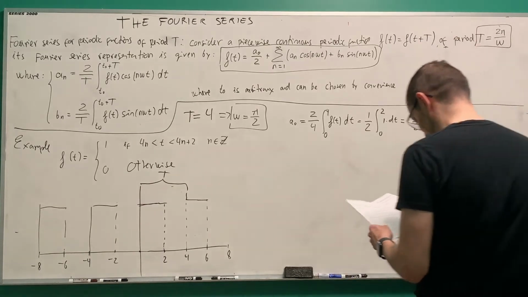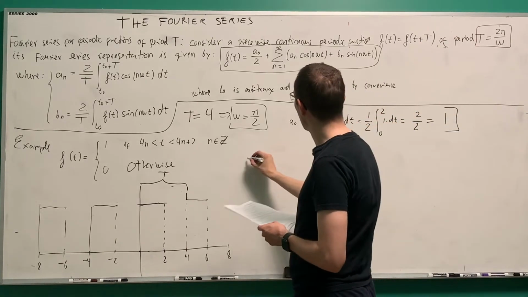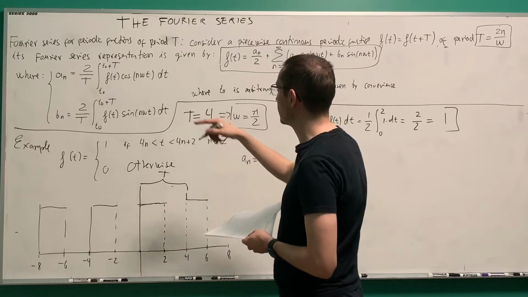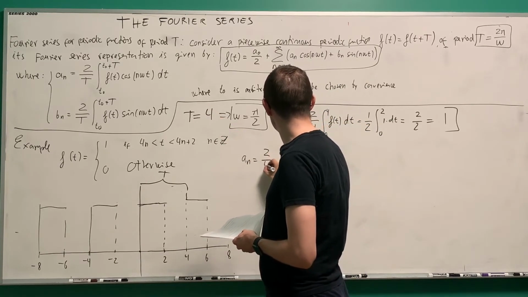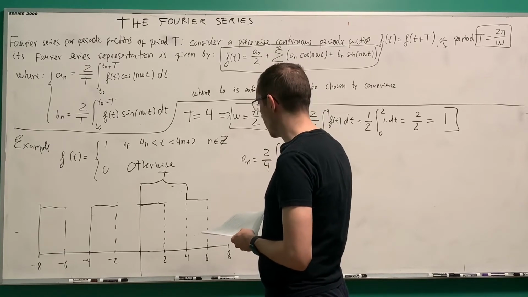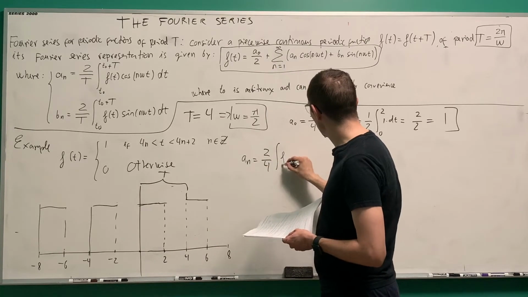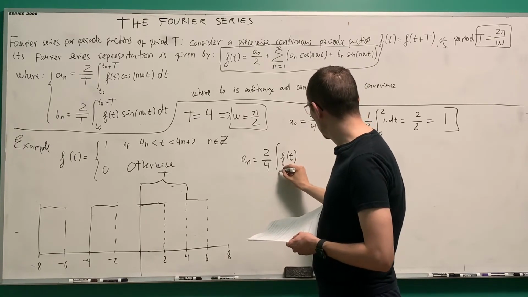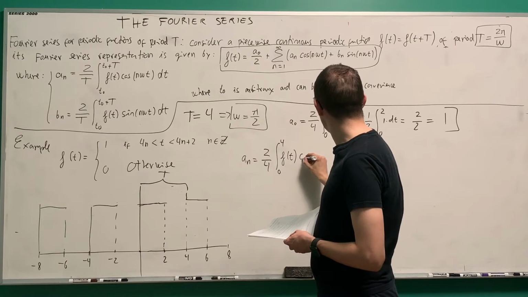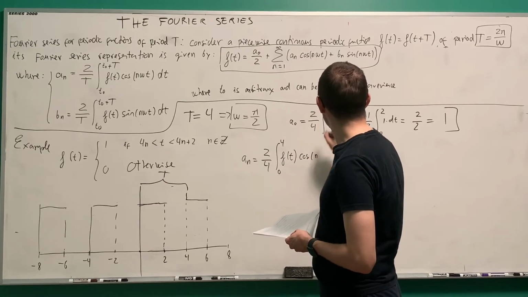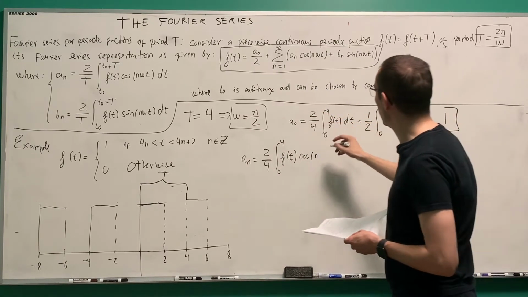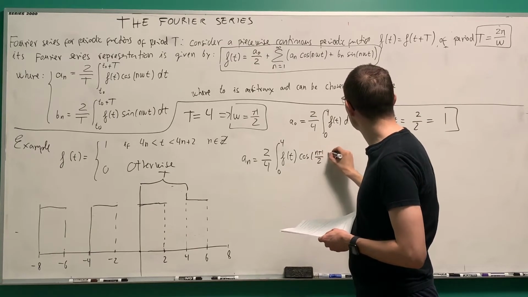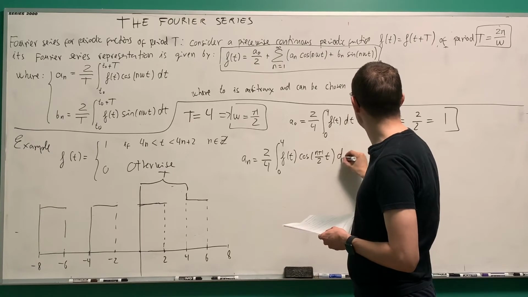What about An? Okay, let's do An. An is first 2 divided by 4, the integral of f of t from 0 to 4 of cosine of n omega. And what's the value of omega? Pi over 2. So n pi over 2 times t dt.